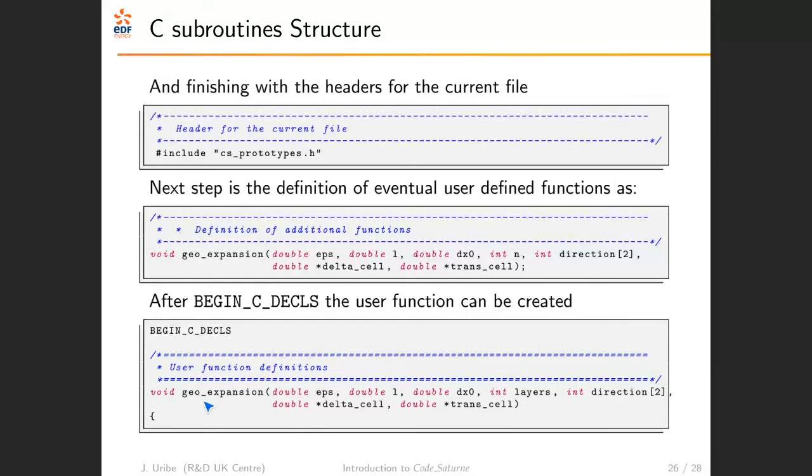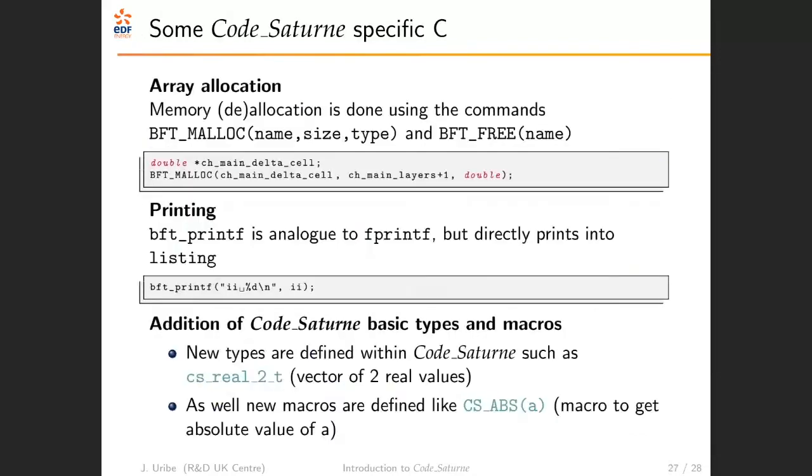And then you will basically continue with your function, whatever you want to do. There's a command called bft_alloc to allocate the memory, and bft_free. And you'll find that bft_printf is analogous to printf. It's the wrapper that is done inside CodeSet to make sure that it works in different compilers and different machines.